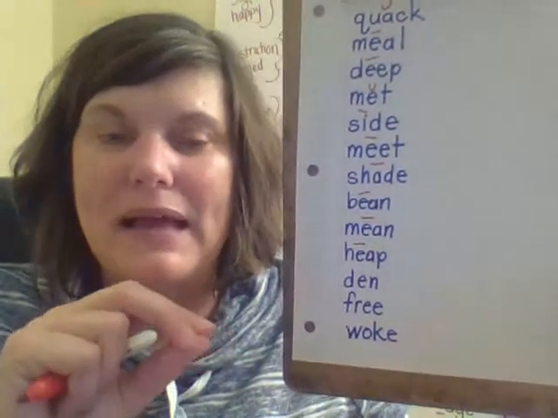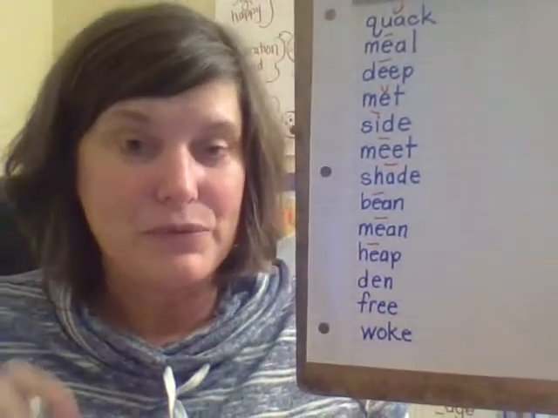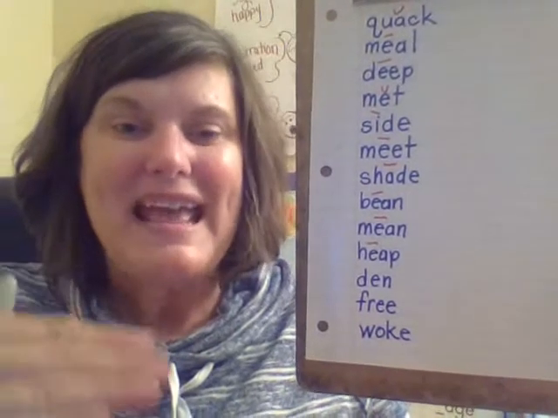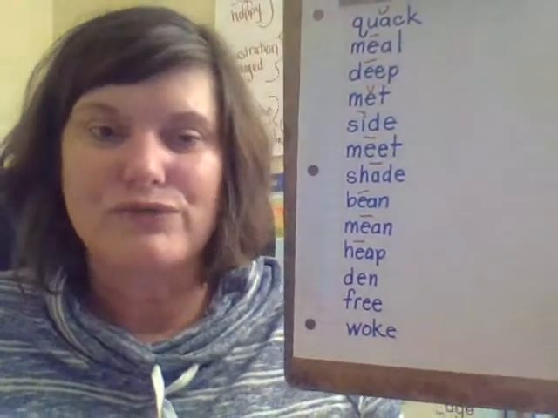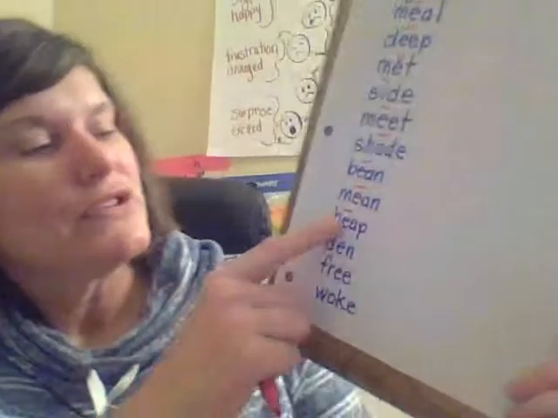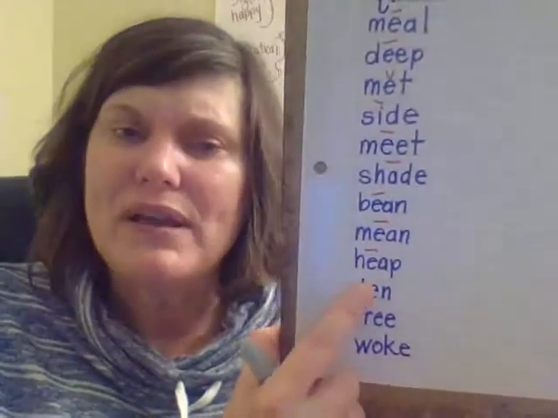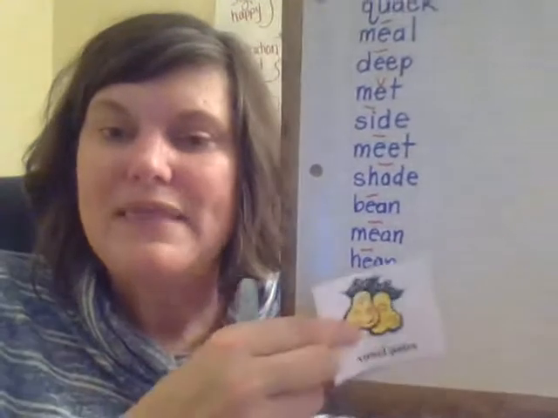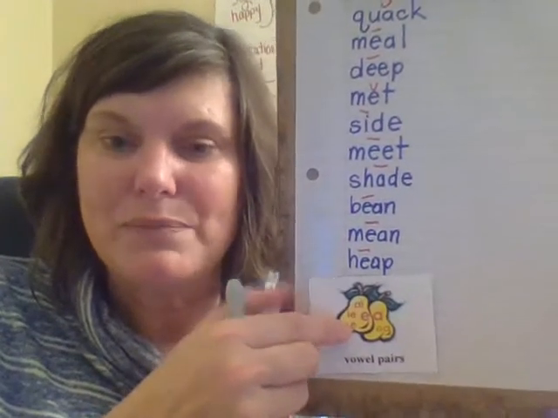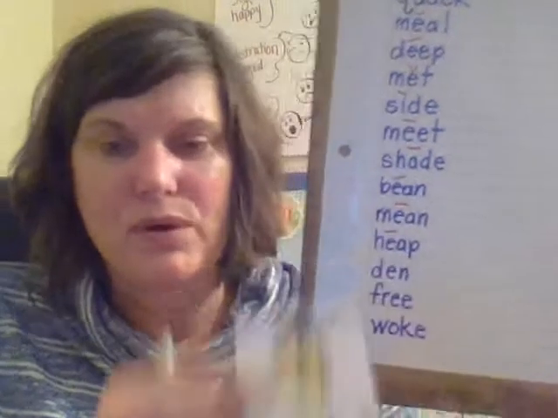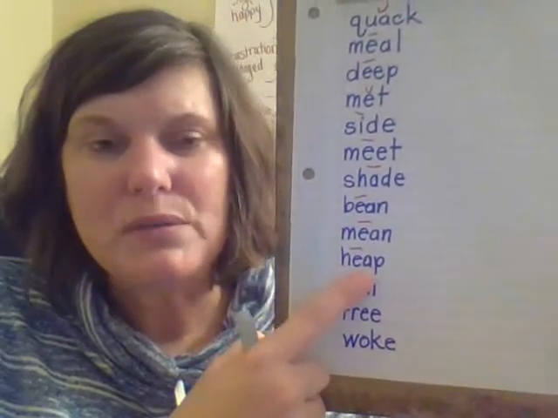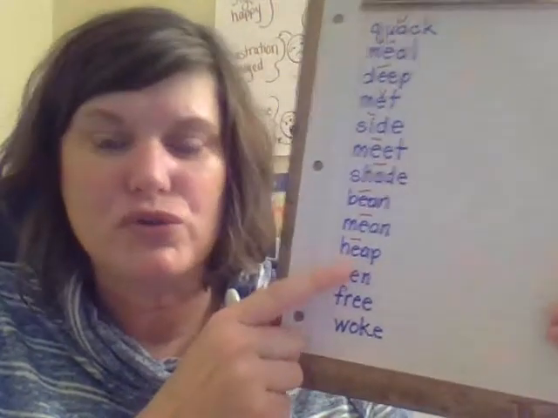And that means if you have a heaping spoonful of it, it's not measuring exactly. You're letting a little bit extra overflow or fill into the bowl. So heap. Do you see how it's so important that we know the syllable types? Because if you don't know the word, if you've never heard it before, you need to know the syllable types to know if it's a long or a short vowel.